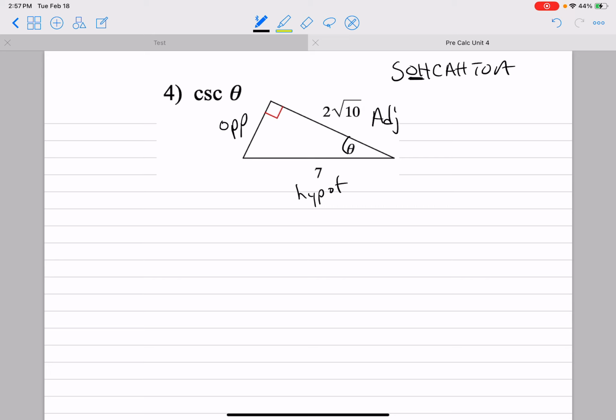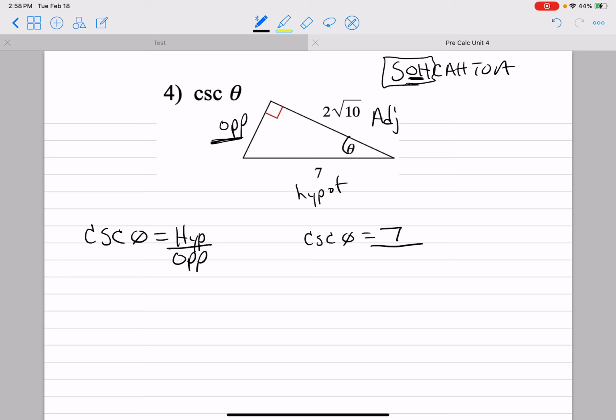Sine says opposite over hypotenuse, so cosecant of theta is going to say hypotenuse over opposite, because it's just the reciprocal of sine. I don't know the opposite, so I'm going to have to figure it out. So far, I know that the cosecant of theta is the hypotenuse, which is 7, over the opposite, which I don't know. So let's figure it out.